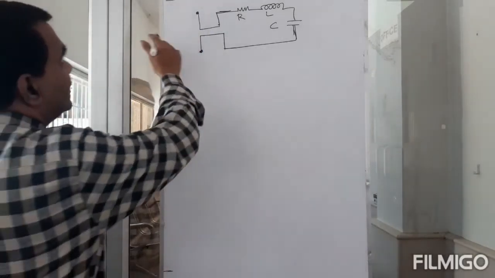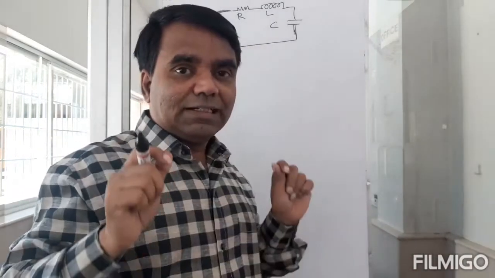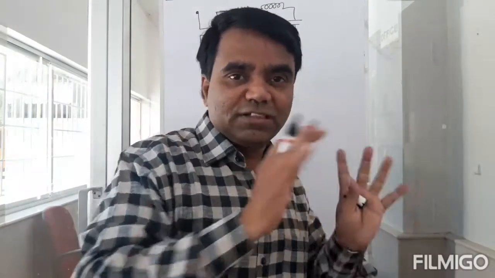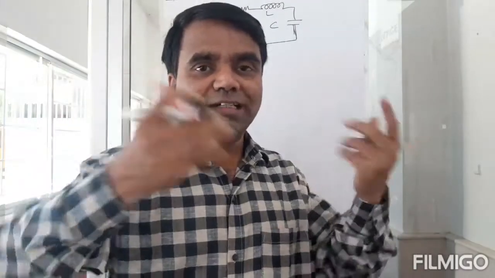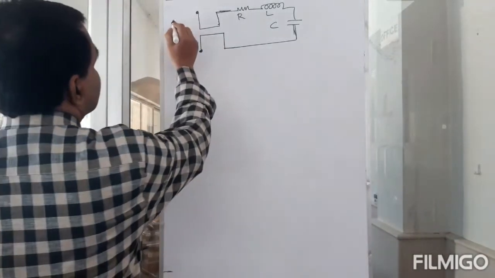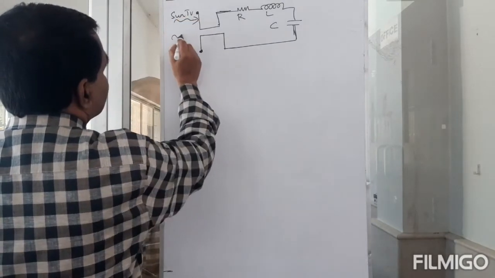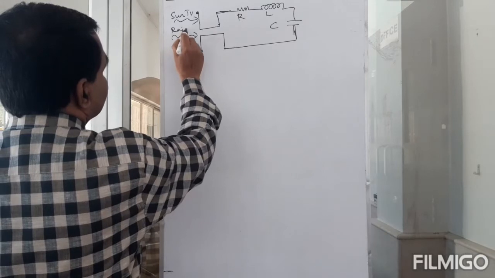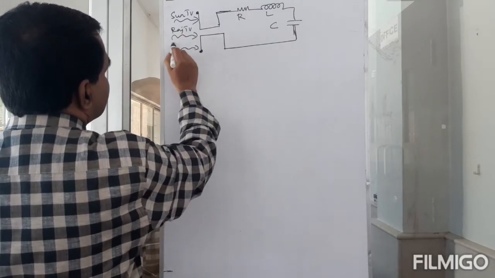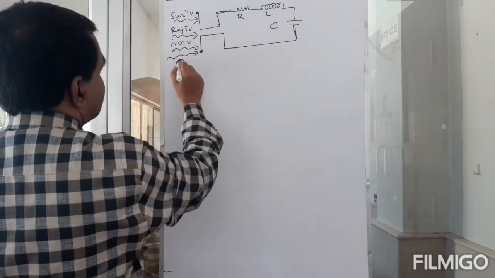So now, this is a circuit, and this is kept. Suppose this is kept here, and this is hit by millions and millions of radio signals, right? The electromagnetic signals from around the universe. Okay, so there is a Sun TV signal sitting here. There is a Sun TV, and there is also a Raj TV signal, and there is also NDTV, and there is also the sun itself.